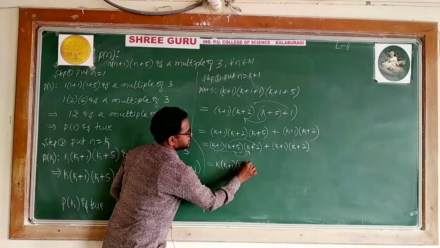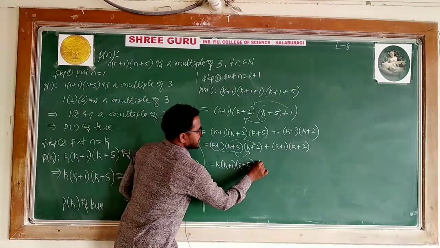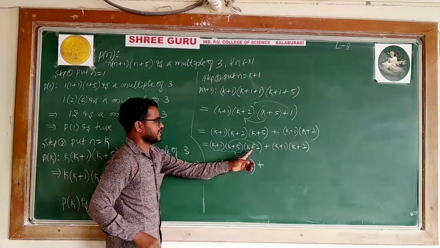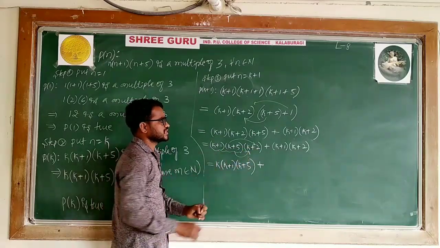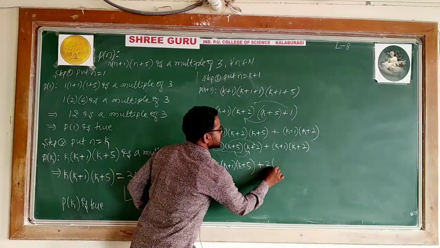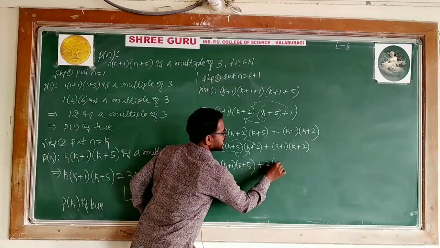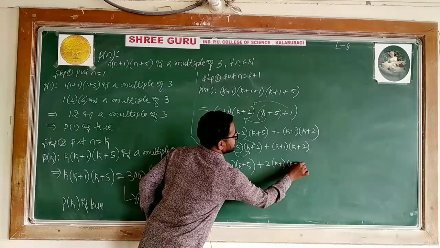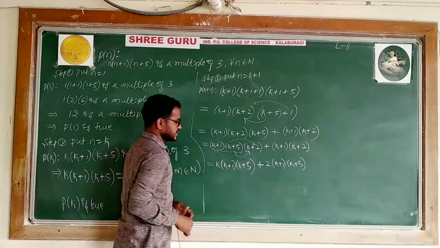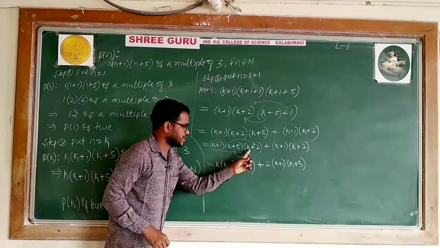Listen here. Plus, in the middle, what? I am multiplying these two brackets with the number 2. Means I can say 2 times k plus 1, k plus 5. This I multiplied: these two brackets I multiplied with k.